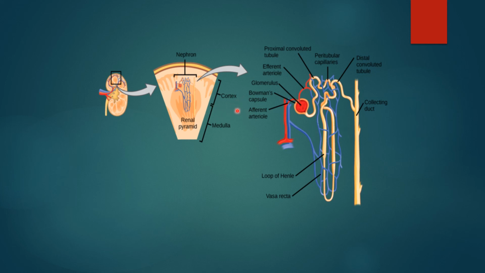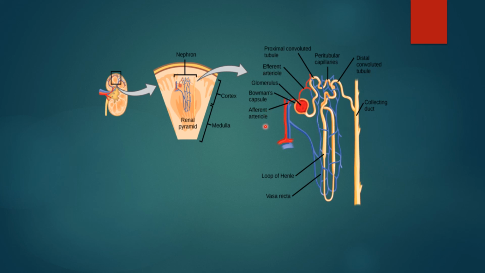Upon entering the concavity of the Bowman's capsule, the afferent arteriole branches to form a network of capillaries called glomerulus. Now, the glomerulus rejoin to form the efferent arteriole, that is the outgoing arteriole, which later branches to form a network of capillaries called peritubular capillaries or secondary capillary network.